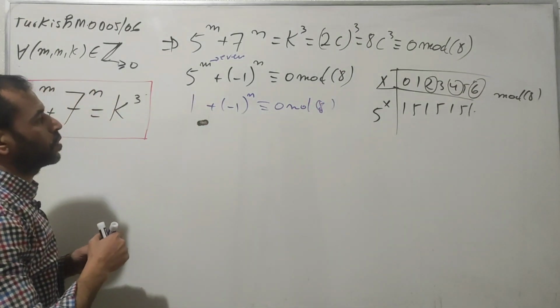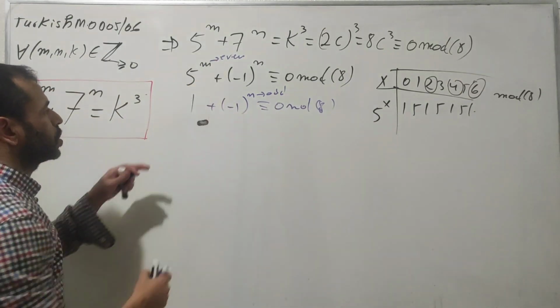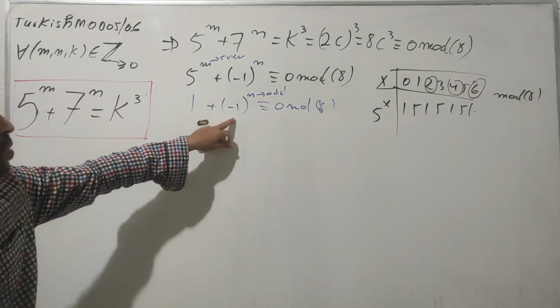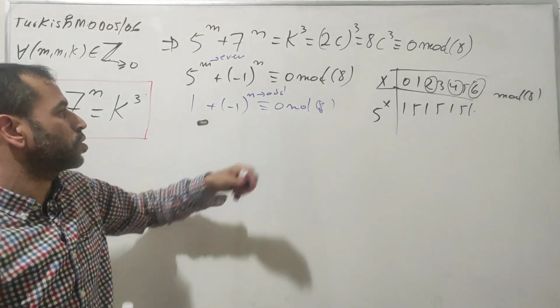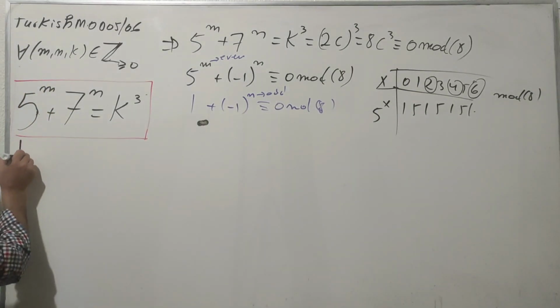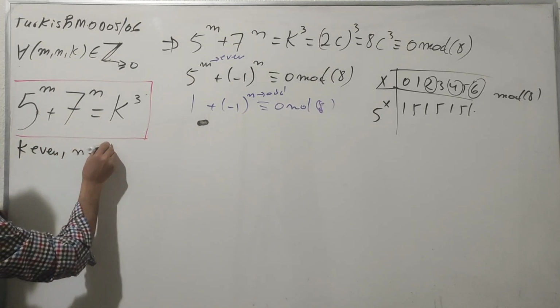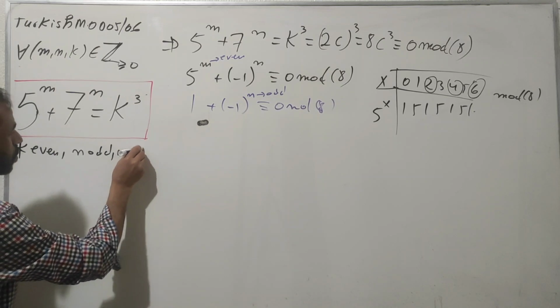What is going to happen? n must be odd. If n is odd and m is even, this turns into 1 minus 1, which is going to give us 0. Now it's clear we get the parity of these three integers: k is even, n is odd, m is even.